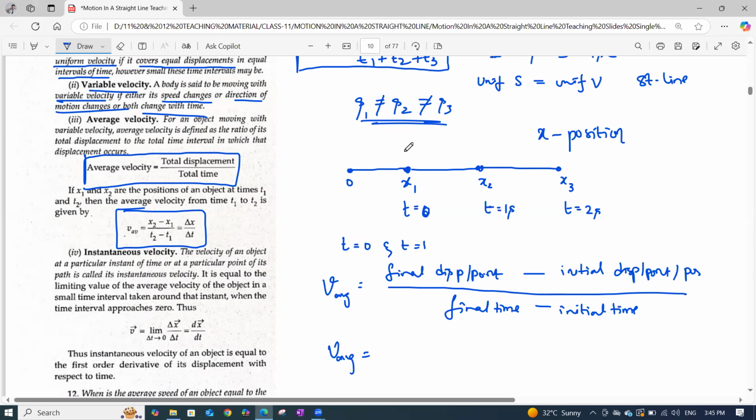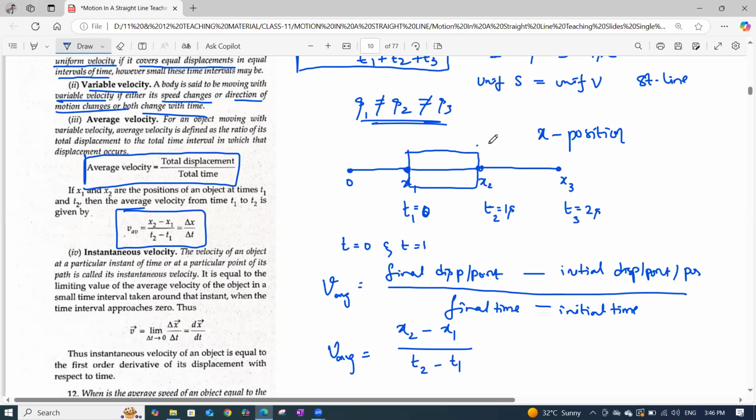If you are taking the condition only from x1 to x2, what is the final point? X2 minus the initial point, X1, upon the time. Here you can take it as t1, this as t2, this as t3. So it will be t2 minus t1.